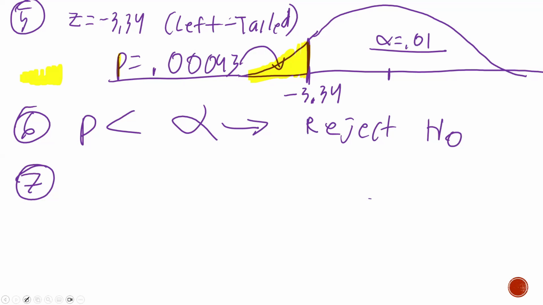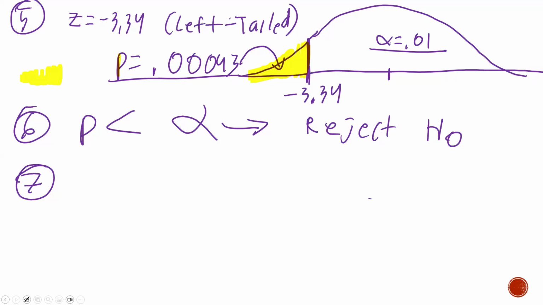You compare your P, right? So our alpha is our threshold. We said we only want to reject if we have overwhelming evidence in this case, and we defined overwhelming as less than a 1% chance of happening by chance. Our result has a 0.043% chance of happening by chance.